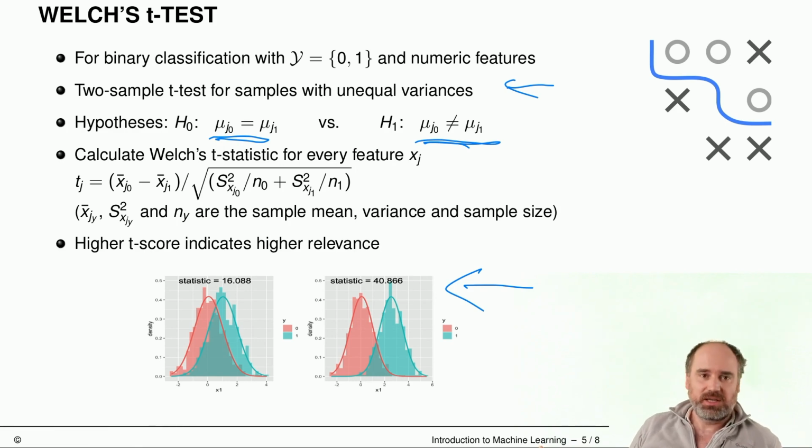And yeah, can now calculate the t-test statistics for that. It's fairly simple, right? And we can again either use the t-score as an indication for relevance, or we can again transform it into a p-value, and then the smaller it is, the more likely it will be that our feature is actually helpful in discriminating between the two classes.